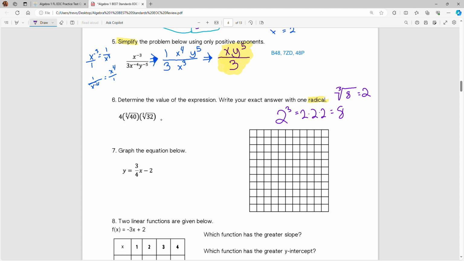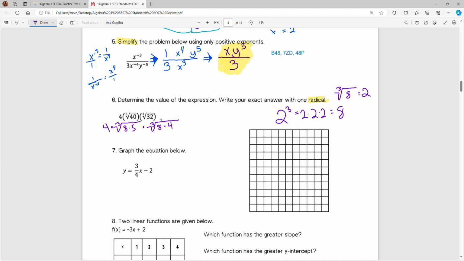Like I said, it's about to get messier before it gets simplified, but you've got to trust the process, right? 4 times the cubed root, and 40 is 8 times 5, times the cubed root, and 32 is 8 times 4.